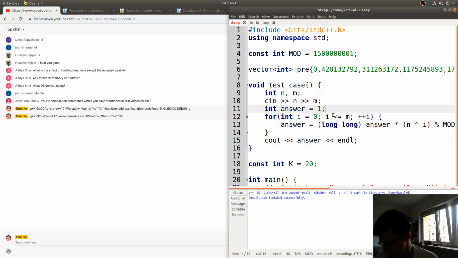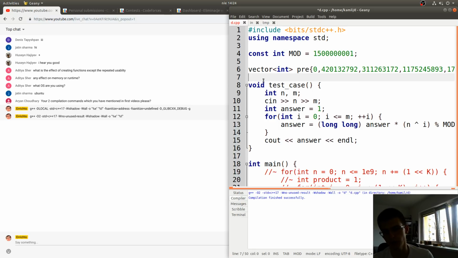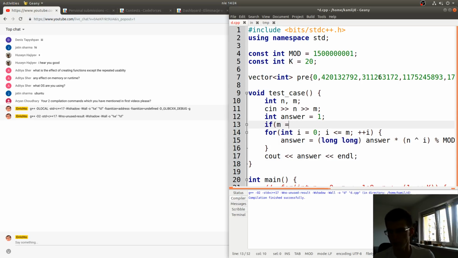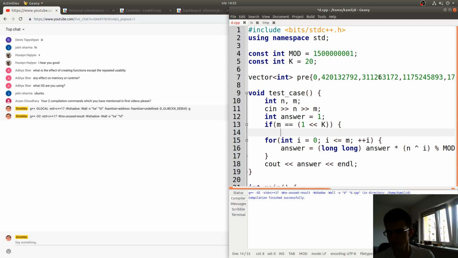And here, let's think. If m is equal to this, like 2 power k, then we know the answer. So we could write, if m is equal to this, answer is equal to what?